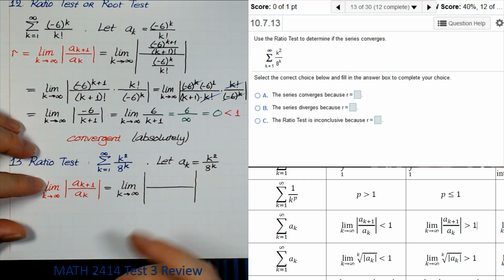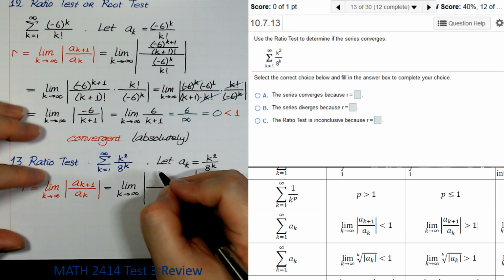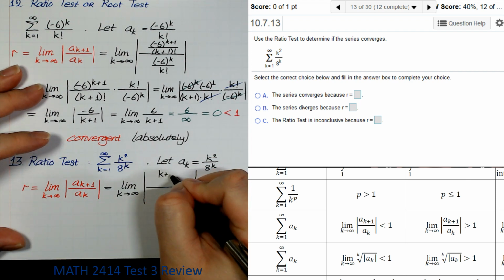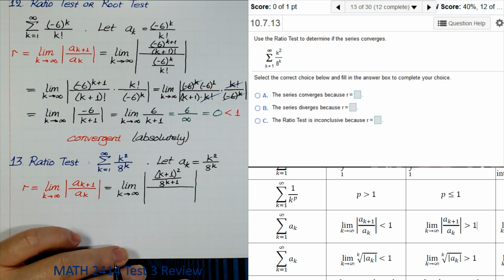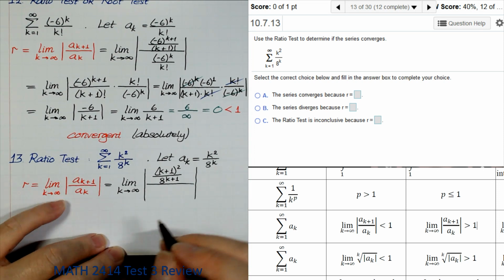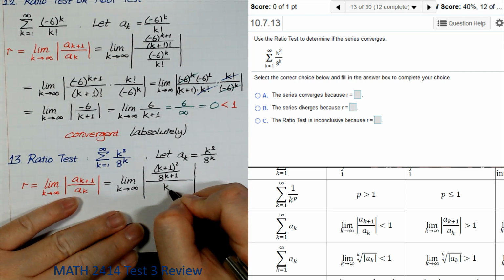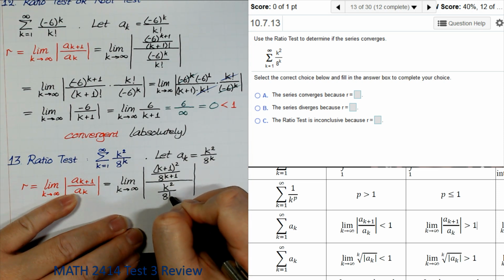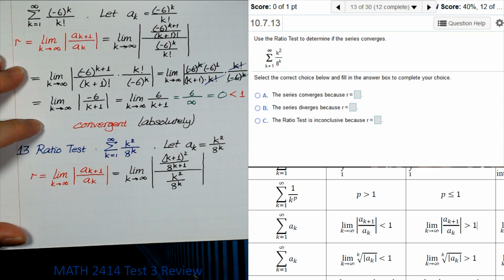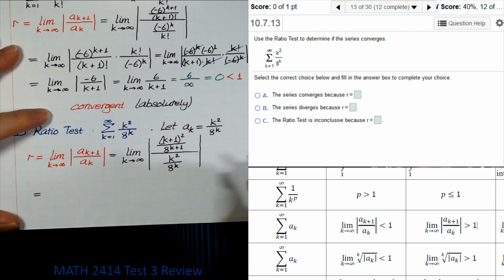First put k plus 1 in for k, and the bottom will be just that term. Multiply by the reciprocal, so we're going to flip it.